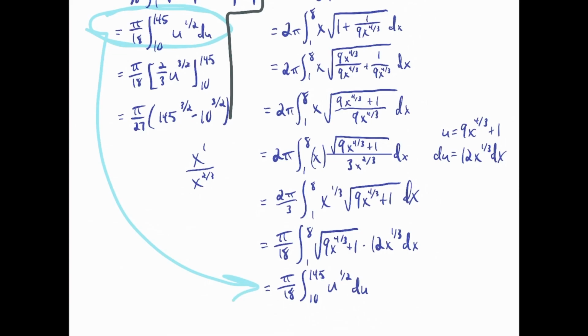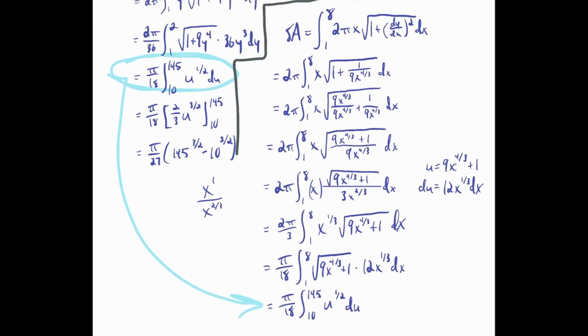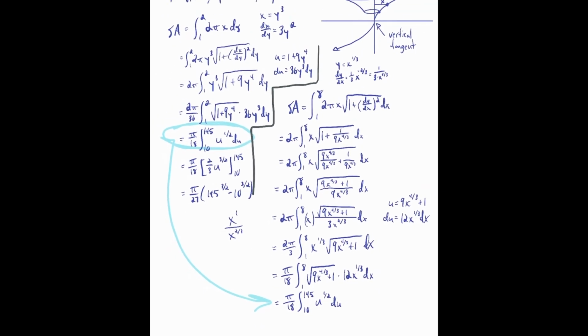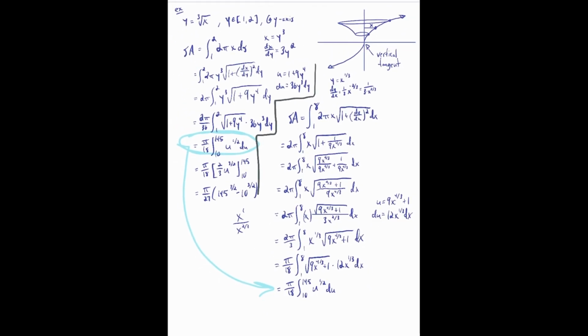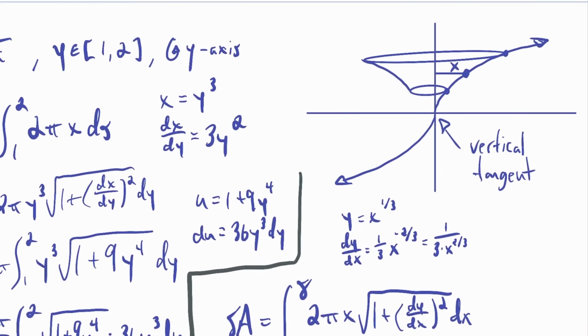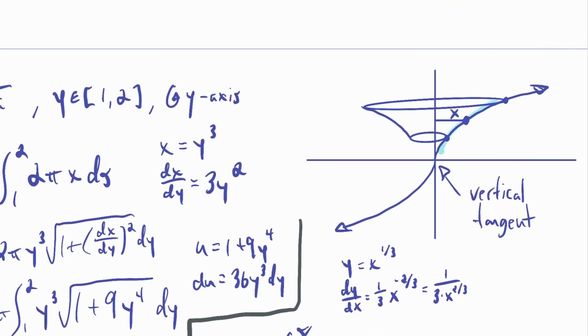So we're going to get the same answer. I'm not going to write the rest of it because it's the same. But you can see that one is quite a lot easier than the other. And I don't want to say that's always going to happen, but they'll both work out just fine. This works in part because our function is a one-to-one function. It's invertible. So either one will work.